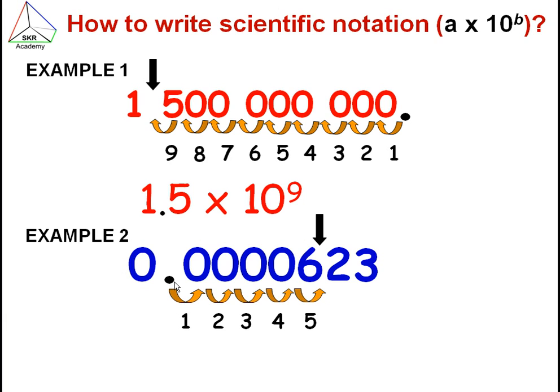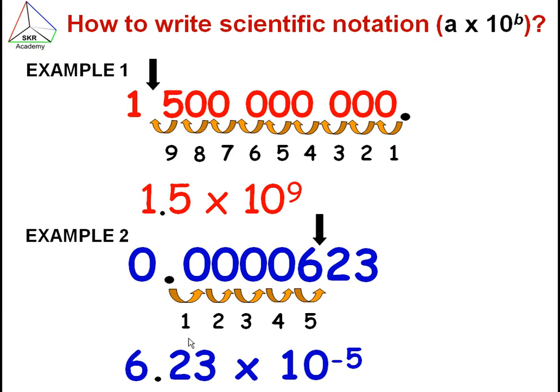We move this decimal 5 places. Then we write the value 6.23 times 10 raised to the power minus 5, minus 5 because we moved the decimal 5 places from left to right. This is how you convert a normal decimal value into scientific notation.